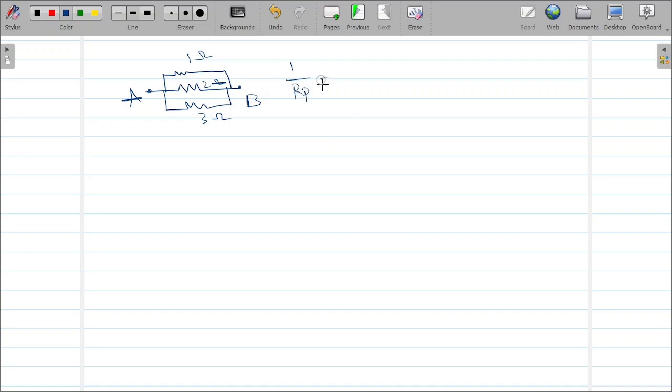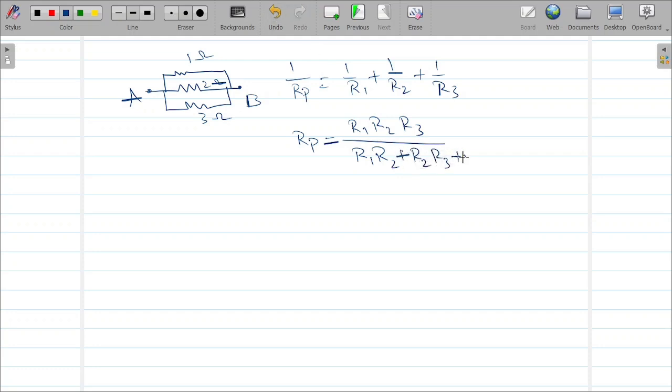So 1 by Rp equal to 1 by R1 plus 1 by R2 plus 1 by R3. This total will be written as Rp equal to R1 R2 R3 by LCM, only LCM, nothing more than that: R1 R2 plus R2 R3 plus R3 into R1.